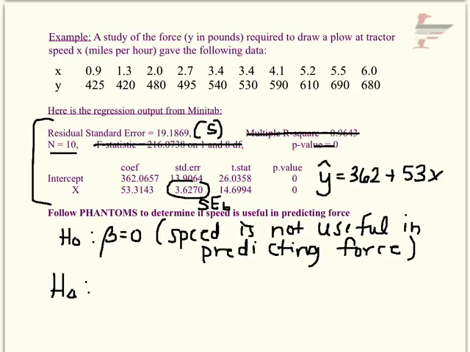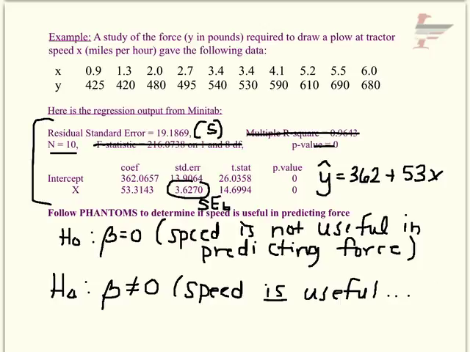My alternative says it's useful, and I'm going to do a two-tailed test because it didn't say anything about a positive or negative relationship, just if there's a relationship. So in other words, speed is useful in predicting force, or there is a linear relationship that can be used in predicting force. So that's your first step.